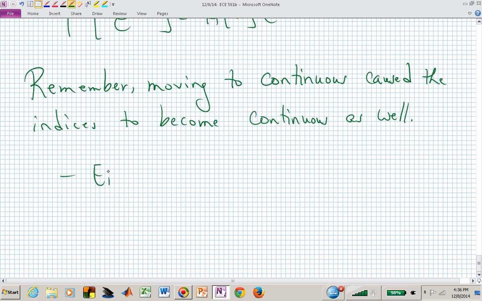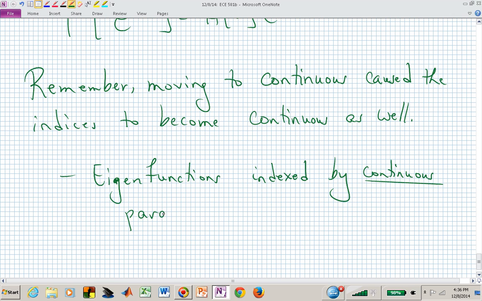And these eigenfunctions, the e to the i omega t, are now indexed by this continuous parameter omega.